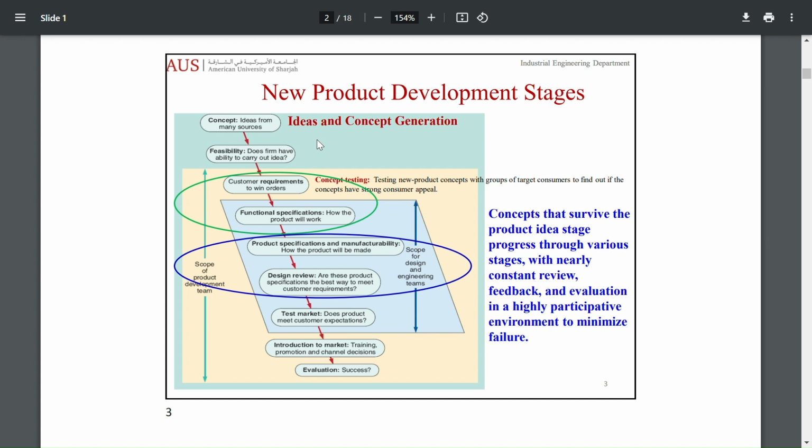Okay, let's say I work at Amazon. I want to develop a new product that's never existed. I want to develop a smart water bottle. Why would I want that?